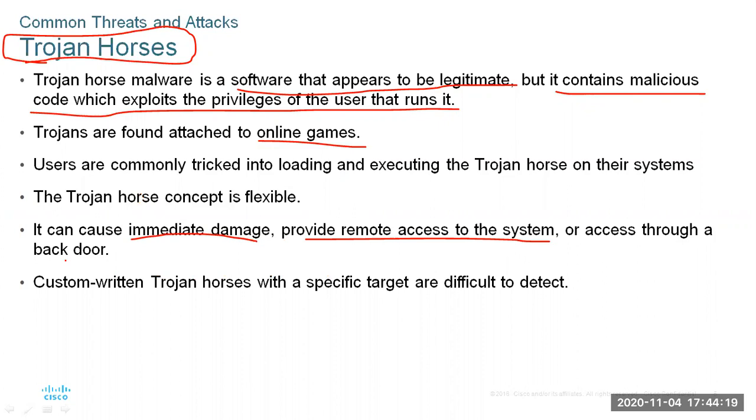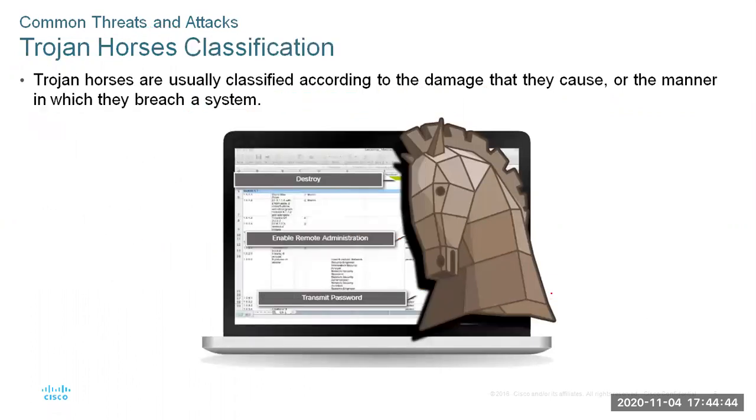So that whoever wrote that Trojan would be able to gain access to your system and cause mayhem anytime the threat actors want. Now, they're usually custom written with a specific target. All right, they usually have a target that they want to hit.